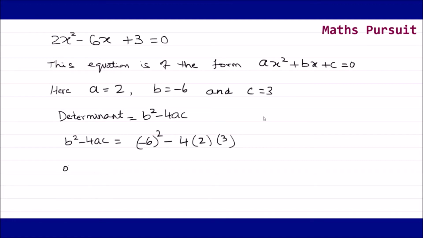Or I can write b² - 4ac = 36 - 4 × 2 is 8, 8 × 3 is 24, so b² - 4ac = 12. So guys, we got the value of the determinant as 12.